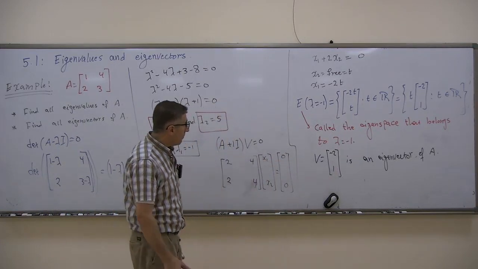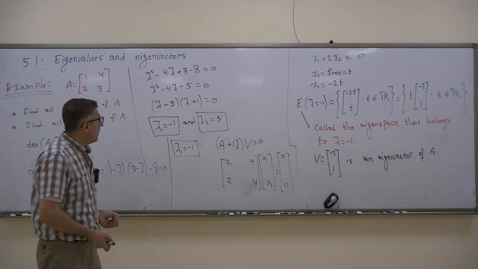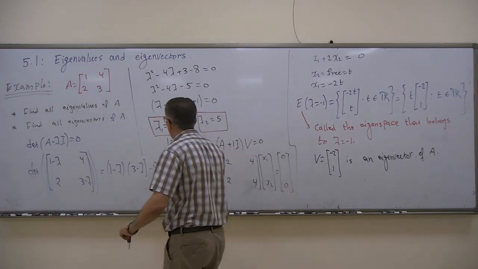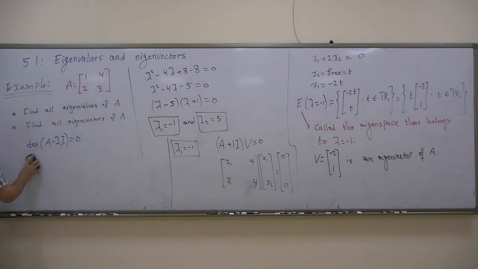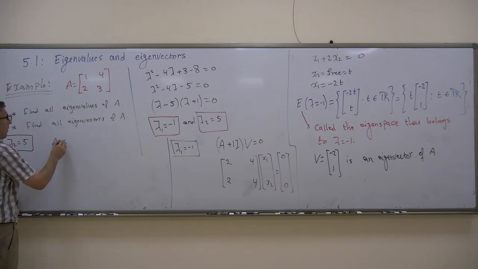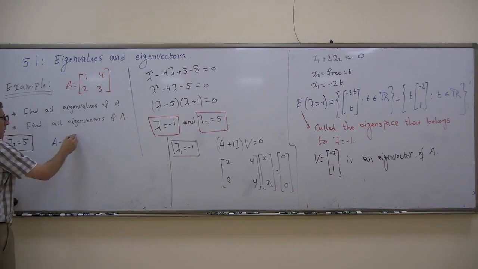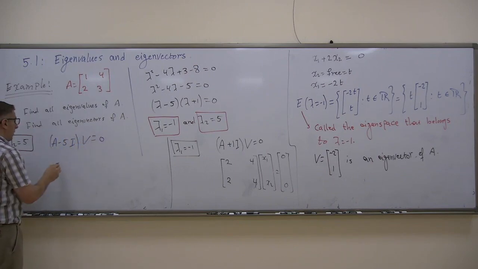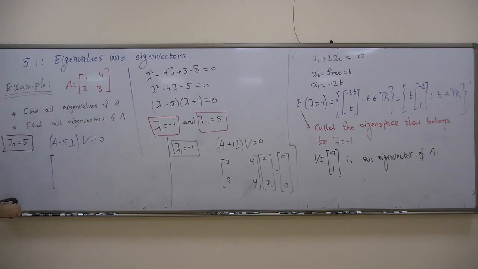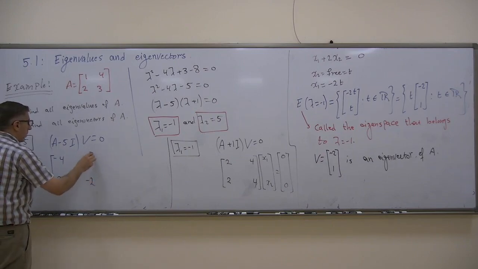Okay? Now, let's take the second eigenvalue. Well, it will be similar. So here, lambda 2 equals 5. You have A minus 5I into V equals 0. And what is this? This is going to be 1 minus 5 is -4. Here 4. Here 2. 3 minus 5 is -2.